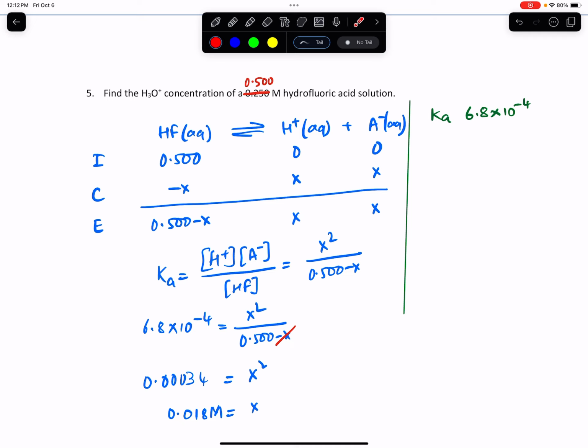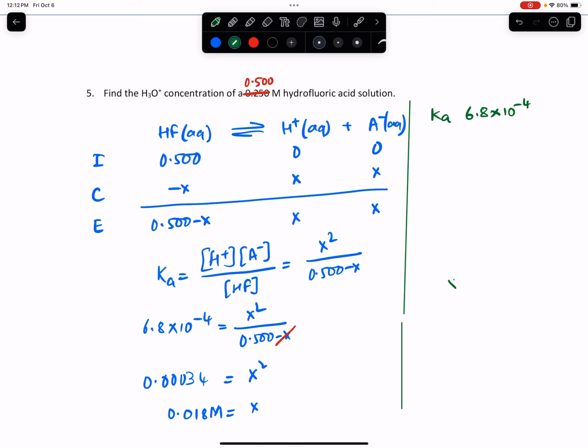So the question is, is the assumption we made to eliminate the X a valid assumption or not? To test the validity of that assumption, I'm going to write that out here in green. We take the value we got for X and put it over the value we subtracted it from, and see if that comes out to be less than or equal to 0.05.